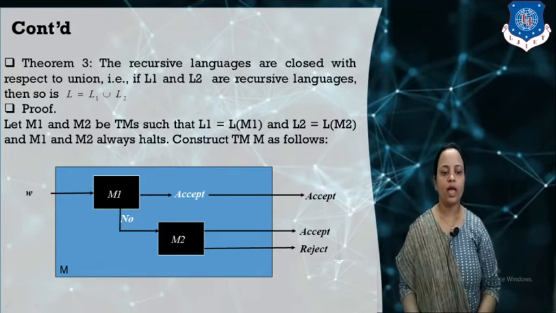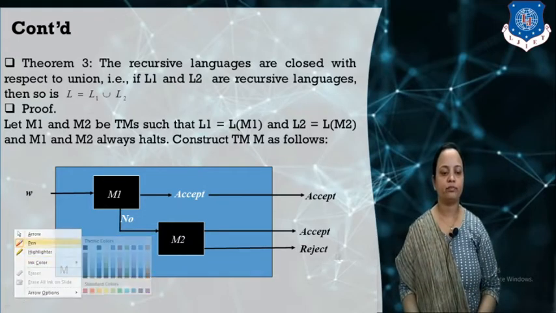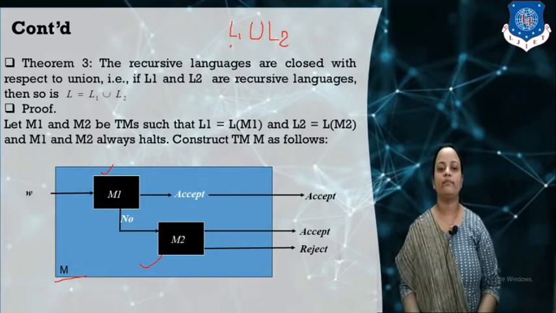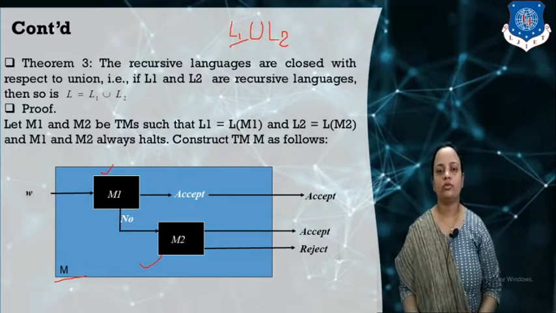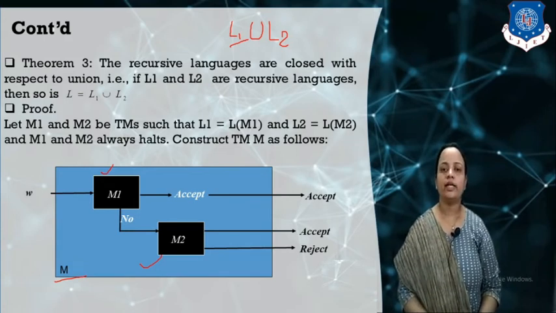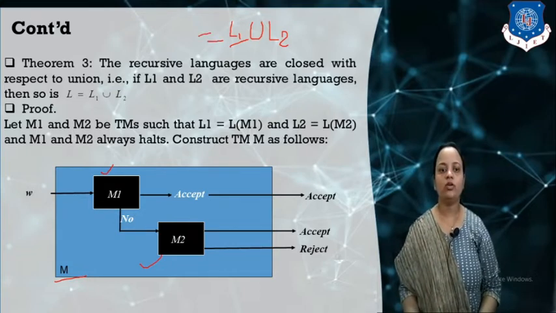Now you can see I have designed a machine M which is a union of these two languages. Suppose L1 represents the language which contains the strings starting with A, and L2 is a language which contains strings starting with B. If I perform a union on these two languages, what does L contain?